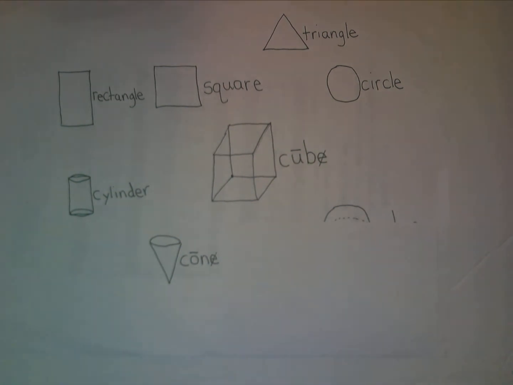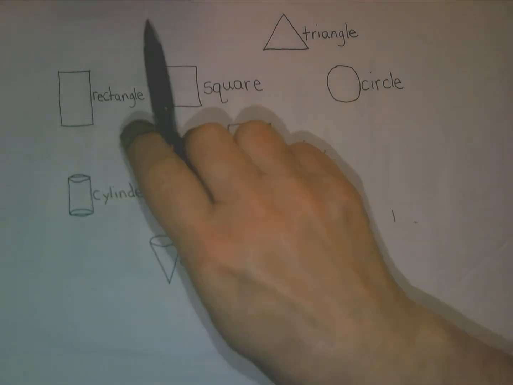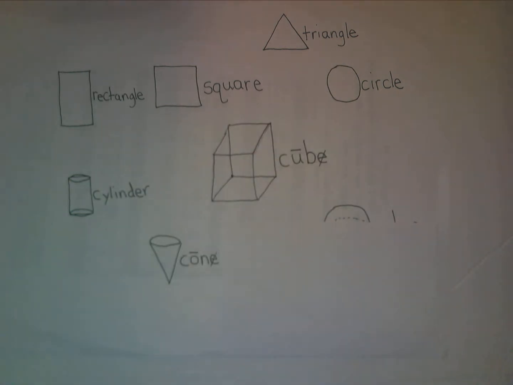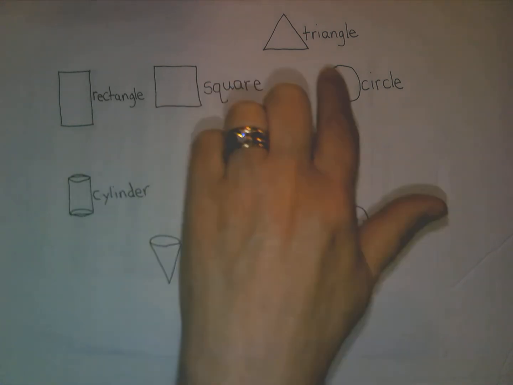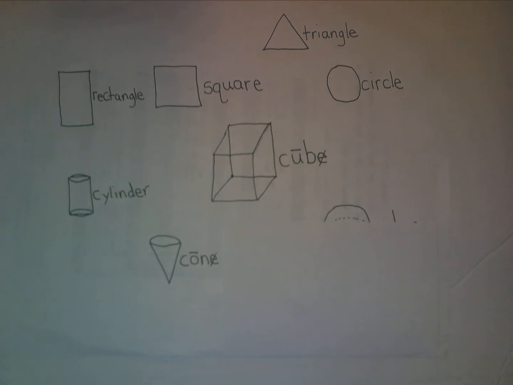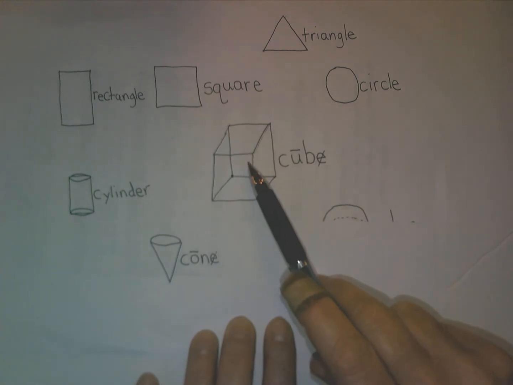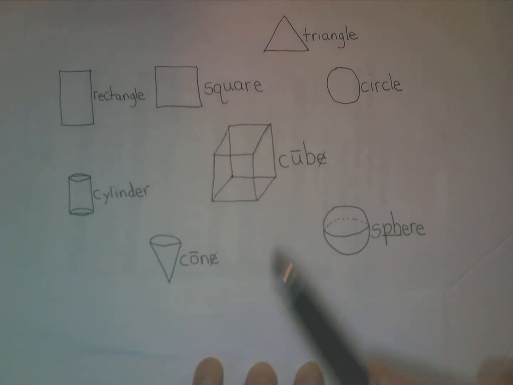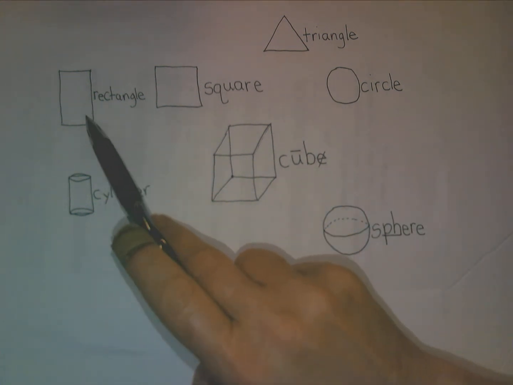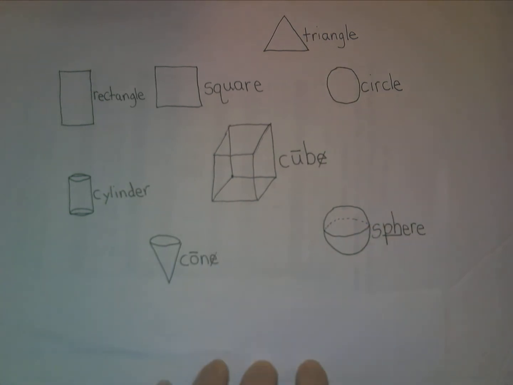All right. So now you see all of these 3D shapes up here that we learned last week, the week before. They're flat. A rectangle, a square, a triangle, and a circle. And if we turn them into a three-dimensional shape, then our square becomes a cube, our circle becomes a sphere, and our rectangle becomes a cylinder, and our triangle becomes a cone.